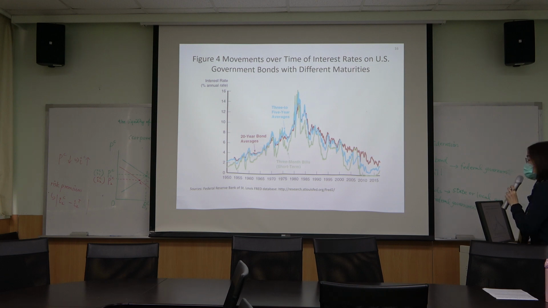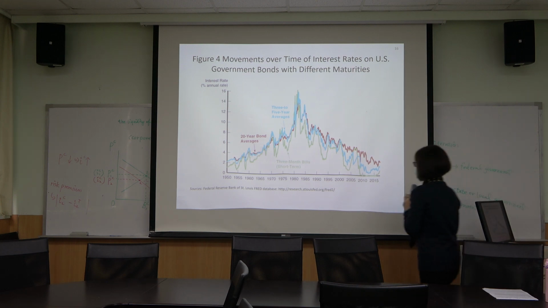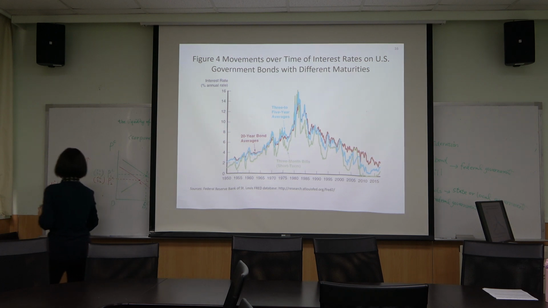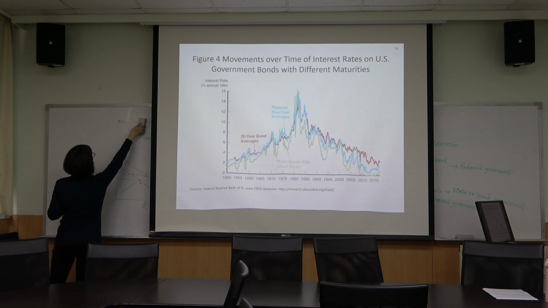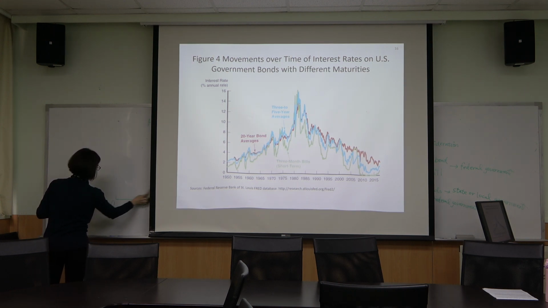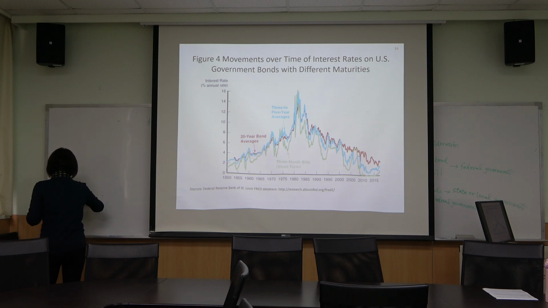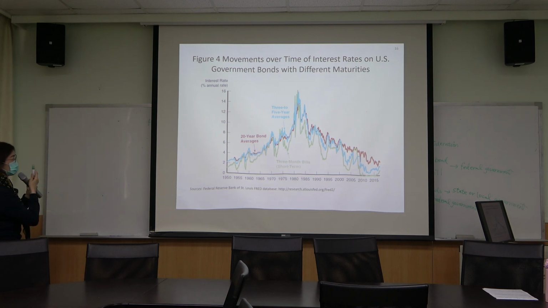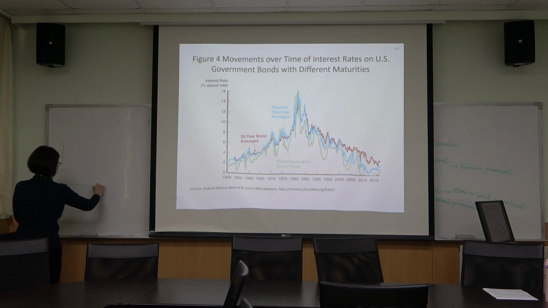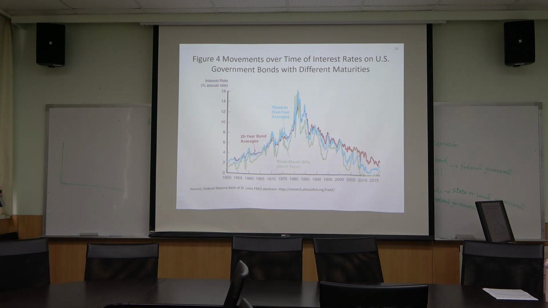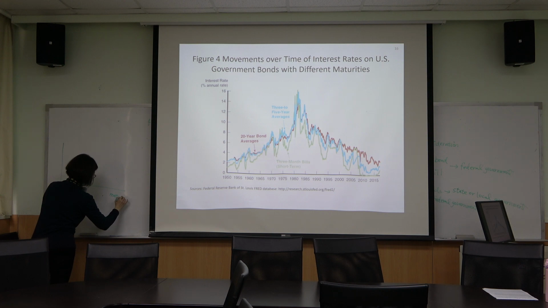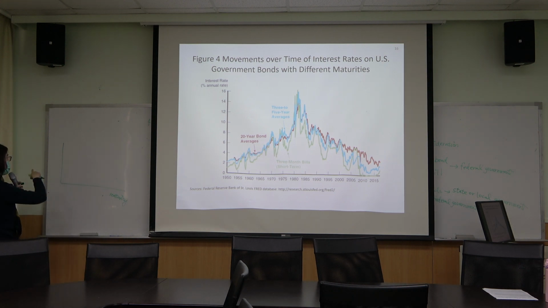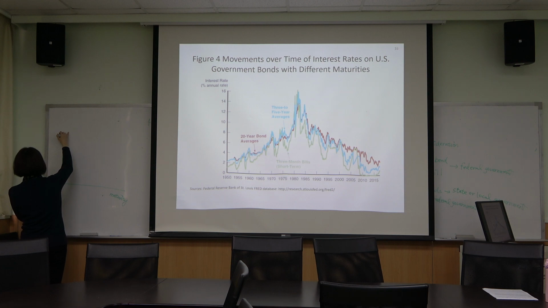Let me use the blackboard. After the 1980s, when we draw the yield curve, the horizontal axis represents the maturity, and the vertical axis represents the interest rate.